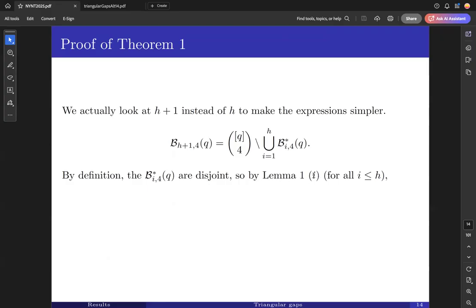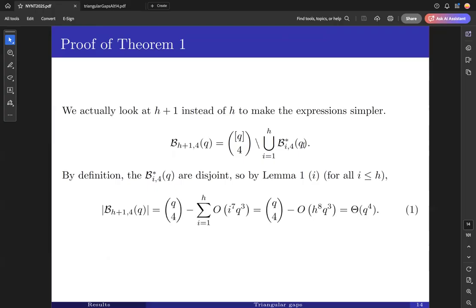I'm going to apply lemma 1.1, that is the upper bound, for each of these sets, and I get that the size of b sub h plus 1 is at least q choose 4. Here this is honestly a binomial coefficient, not a set, minus the sum of each of these. Now this is a big O statement. I've not computed exactly what this is, but for each b sub i star, I know it's no bigger than i to the 7th q to the 3rd.